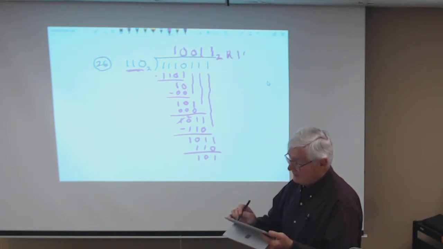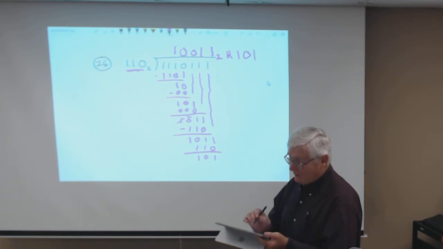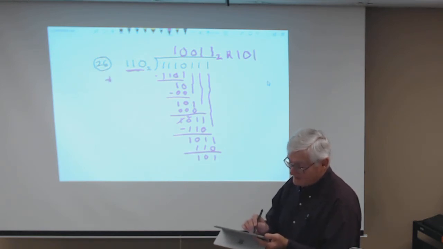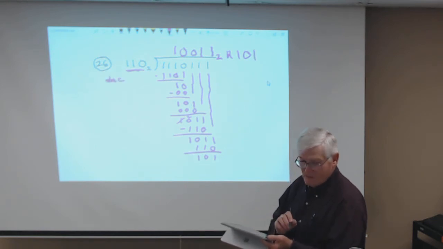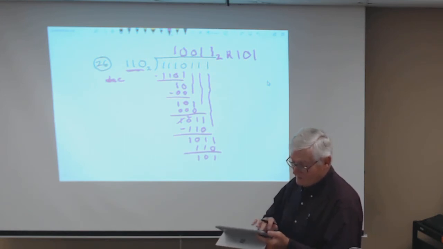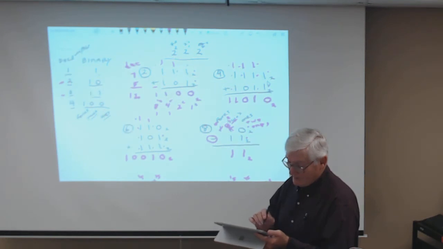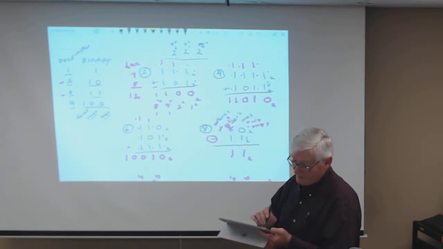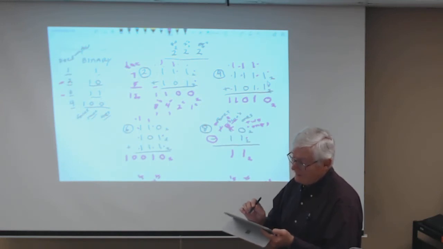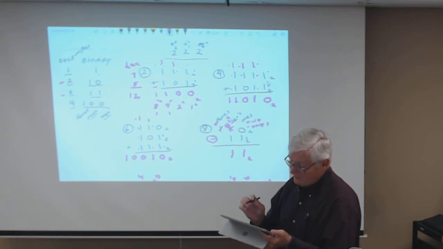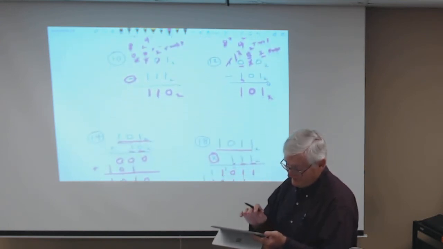1, 0, 1. And what number in decimal is 110? 110 would be 14, right? 13. No, 14. Wait, up here. 4, 2. So that would be what? 6.